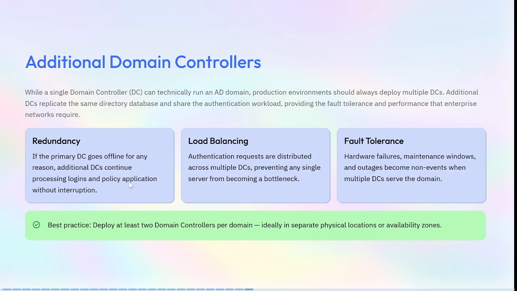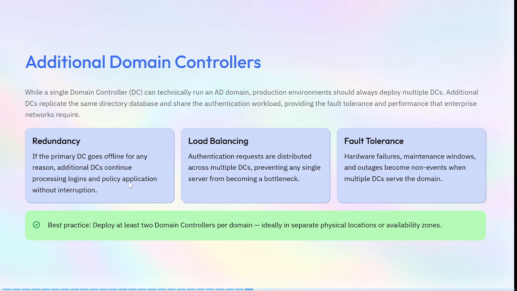For redundancy, in the same branch we can use two domain controllers, a primary domain controller and a secondary domain controller. If the primary domain controller is down, the secondary will take its place and act as primary. So that is the redundancy purpose. We can use two or more domain controllers.